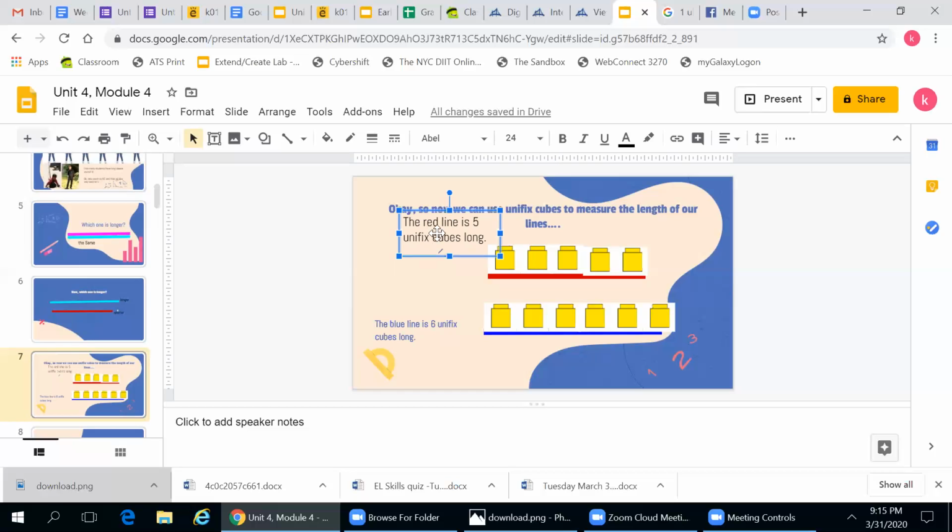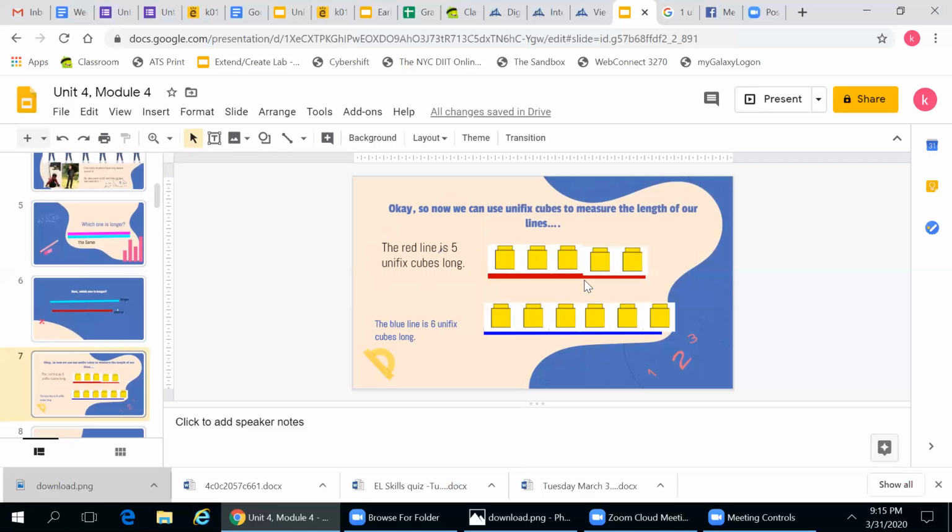Okay? So wait a minute. If the red line is 5 Unifix cubes long and the blue line is 6 Unifix cubes long, which one is longer? I don't know, KO1. What do you think? Which line is longer? Oh, I know.